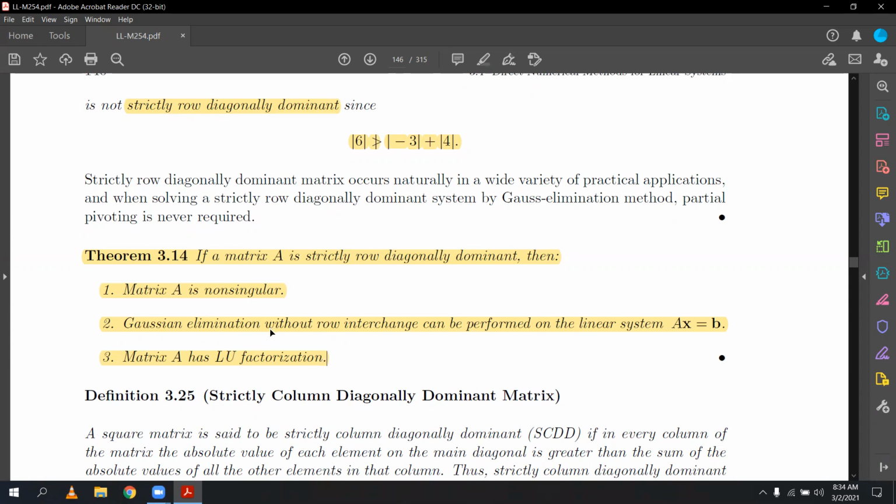That means, if you remember, in simple Gauss elimination, what we used to do: if the diagonal element becomes 0, we interchange rows. But if your A is SDD, we never interchange rows. Why? Because the diagonal element never becomes 0.